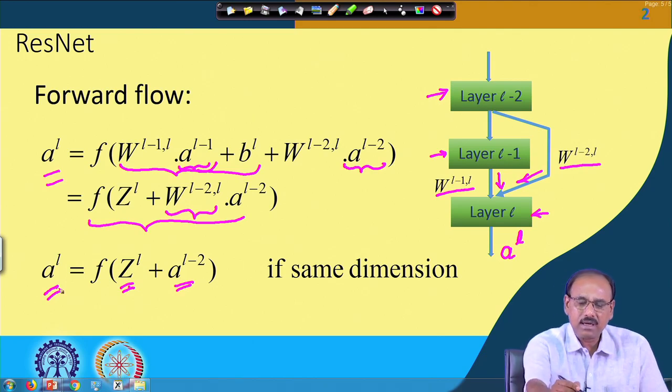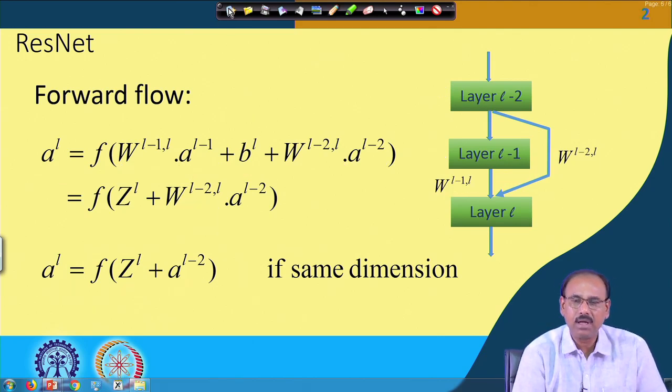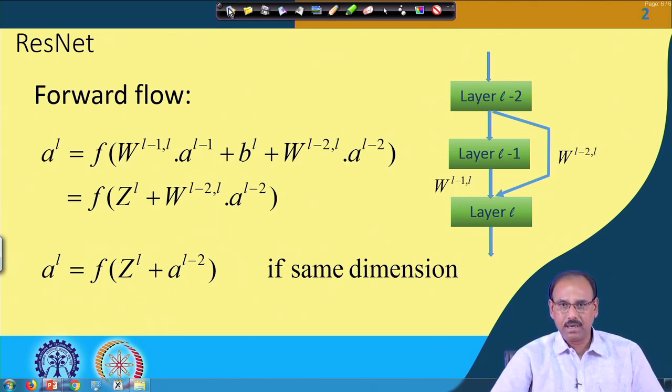So now let us see how this residual network performs the back propagation learning, or how these skip connections help to alleviate the problem of vanishing gradient.